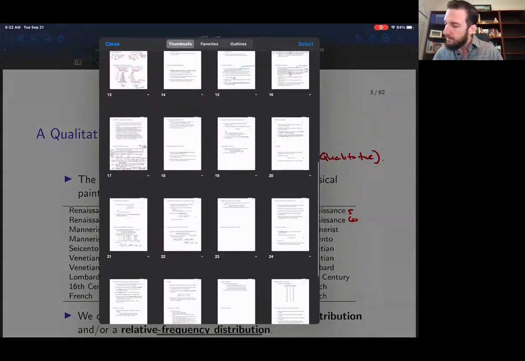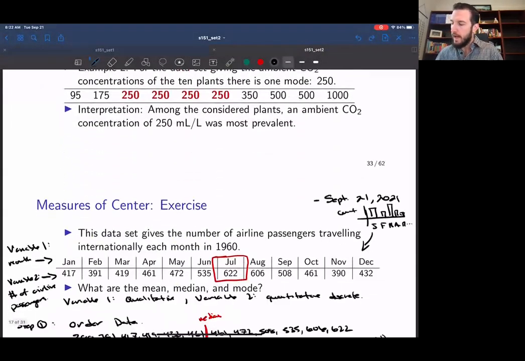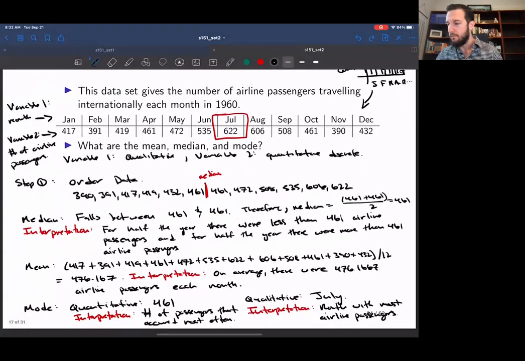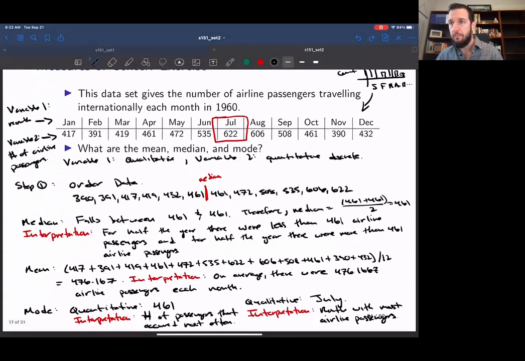If you go back to the data set that we're working on, you could actually do the exact same thing, except that it would just be a really big data set because you'd have January written out 417 times. You would have February written out 391 times. You would have March written out 419 times, etc. But in that case, you wouldn't have any raw data, but you would see that July occurs the most in that particular data set, which makes it the modal month because it's repeating most often. Does that make sense?